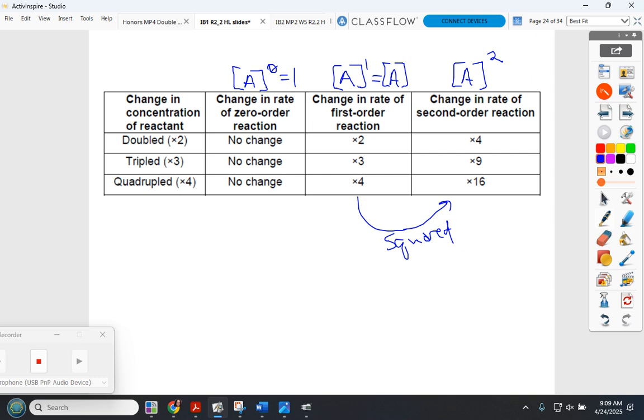And again, this is with respect to a particular reactant. So if you have more than one reactant, you can have an equation that is zero order with respect to one of the reactants, second order with respect to the other, or first order with respect to both. And that's something that we have to experimentally determine.